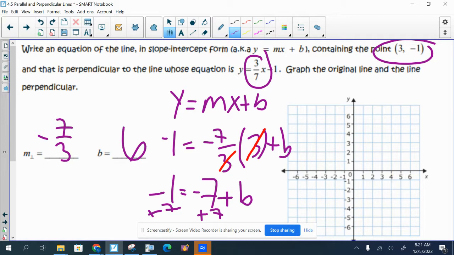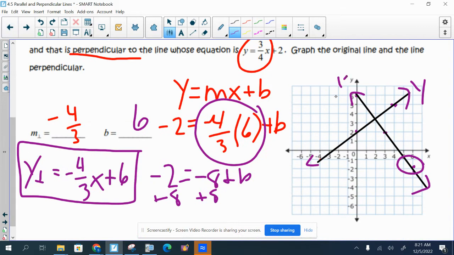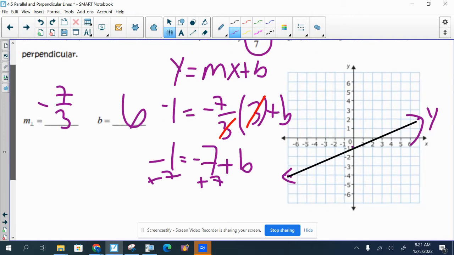So graph the original, starts at -1, and it goes up 3/7, and then we could go down 3/7. And I meant to actually on the last one label the second one as y perpendicular. All right, and then I did forget to write the equation of the line.